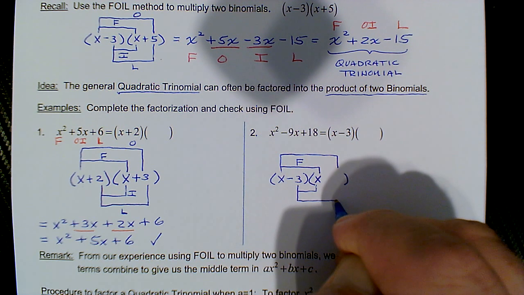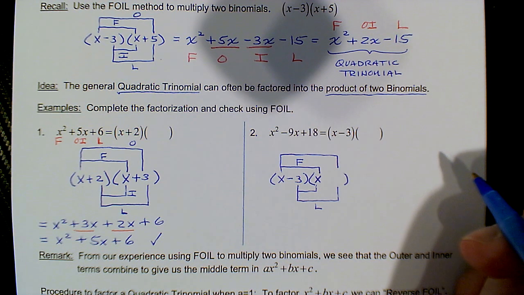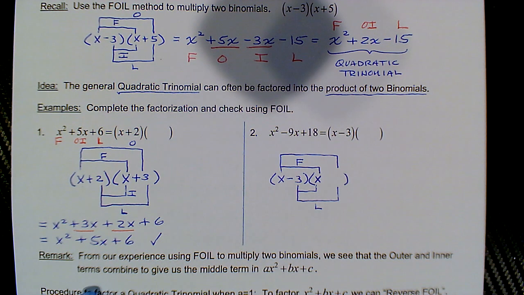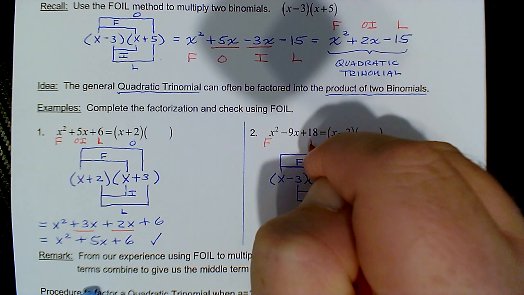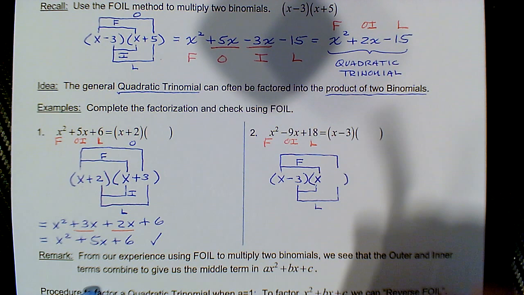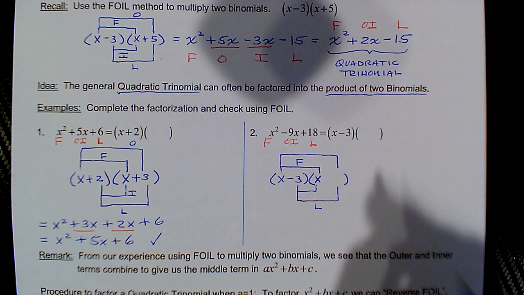But the question I'm asking myself here is for the product of the last. They have to give us, because again, the x squared represents the first, the 18 represents the last, the negative 9x is a combination of the outers and the inners.